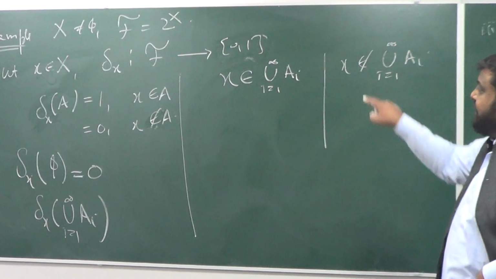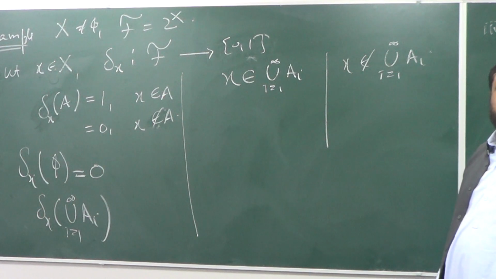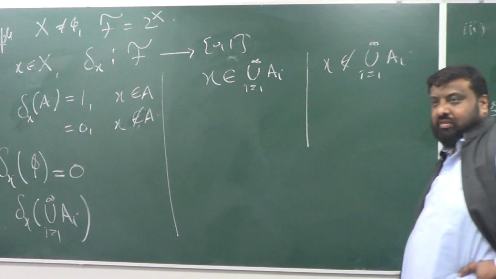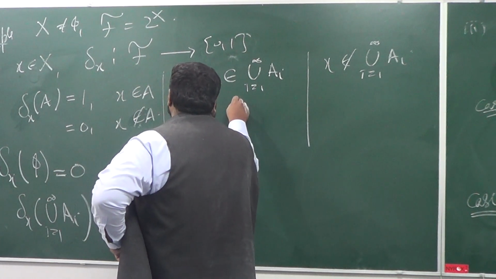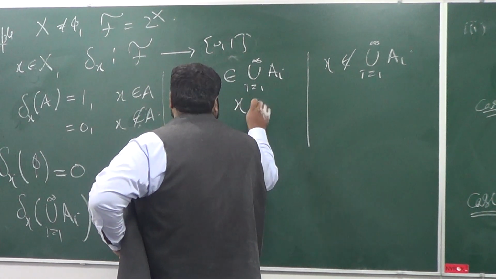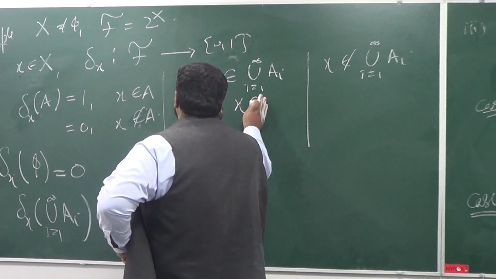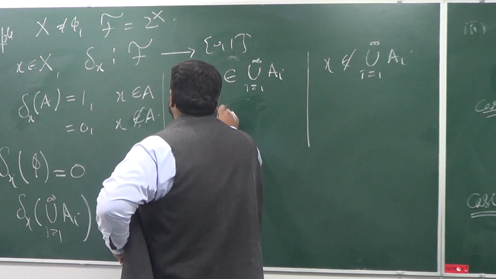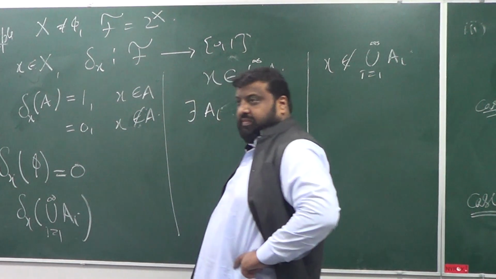Now if x is in this union, then x is going to be inside some A i. There exists some A i such that x belongs to A i.